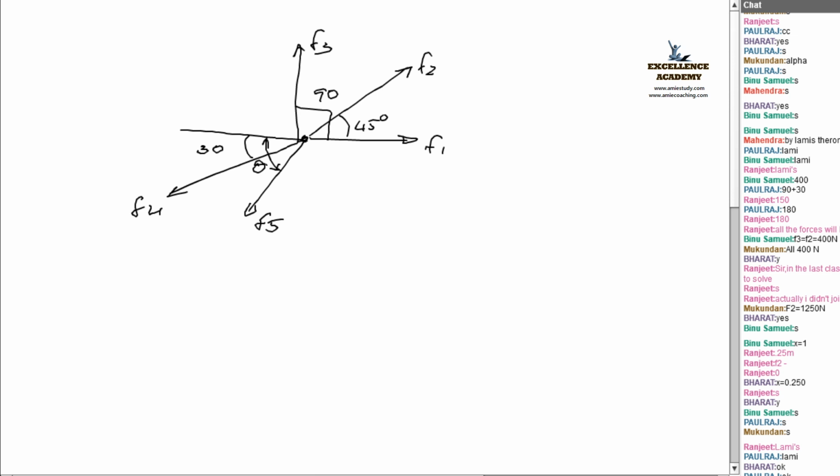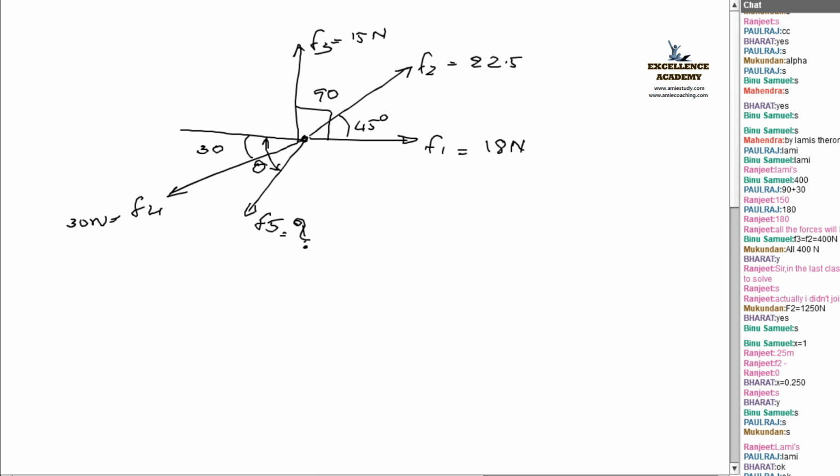Okay, so this is the question. Here F1 equals 18 Newton, F2 equals 22.5, F3 equals 15 Newton, and F4 equals 30 Newton. F5 equals question mark and theta also question mark.